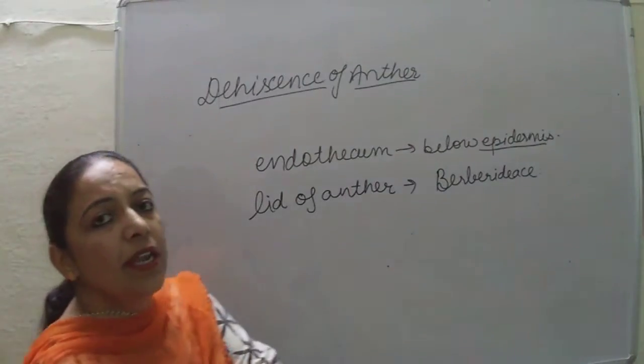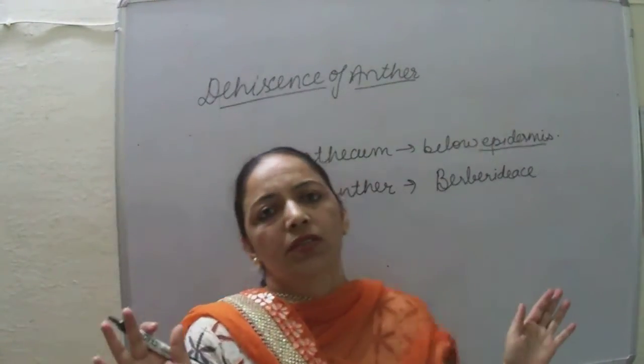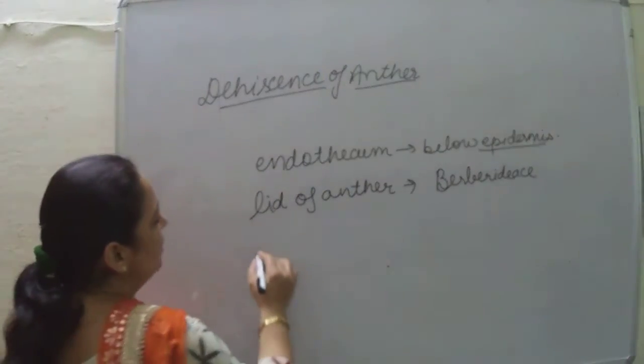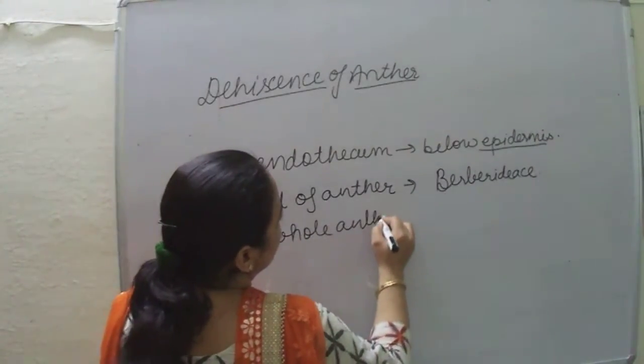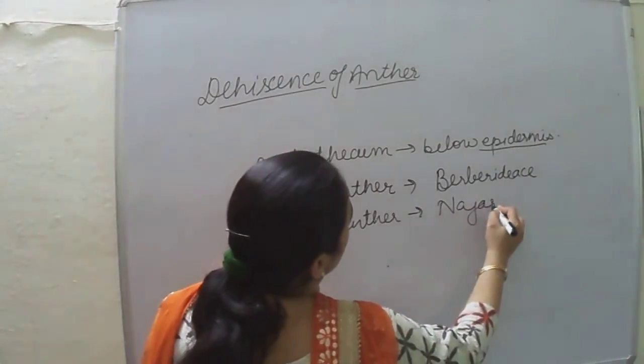And in some angiosperms, the whole anther bursts out. For example, in Najas.